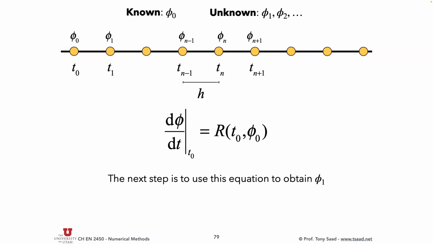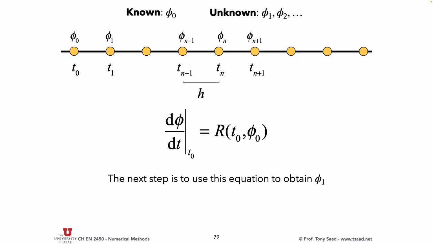Now the next step is to try to use this equation to infer a formula for phi1 using phi0. Can you think of anything that we can do to obtain some relation for phi1? Kimball: Well, the derivative should give you an approximate slope, so you can just use that to make a line to the next point. A line, yes.